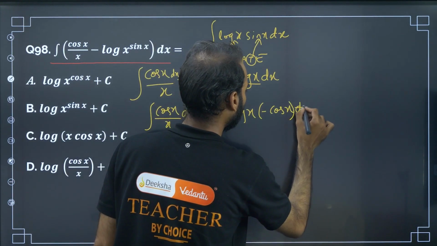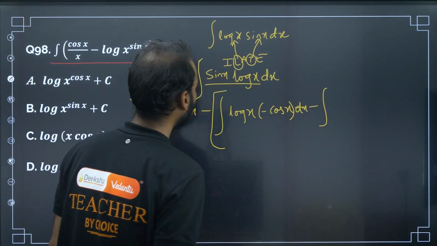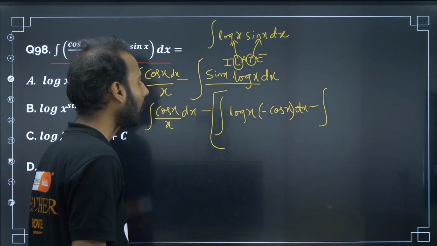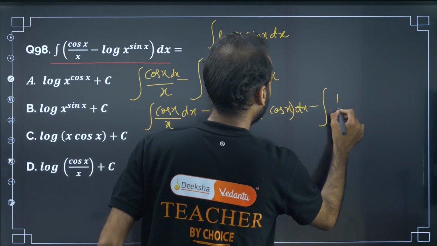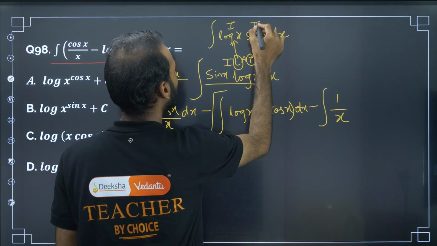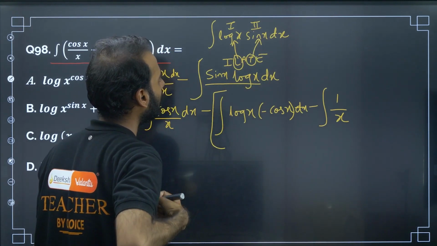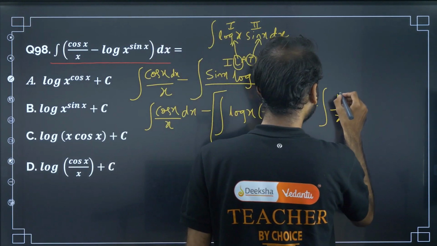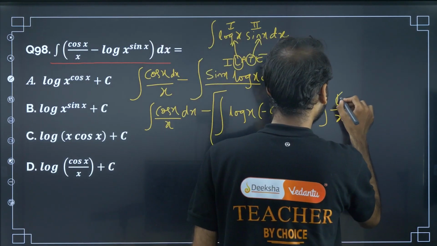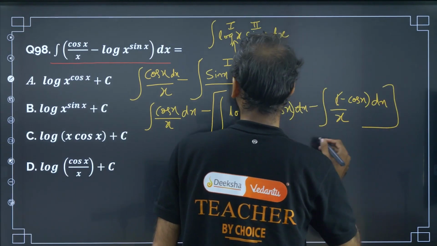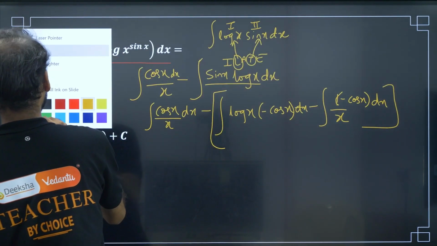Minus integration of d by dx of first function, and d by dx of log x is 1 by x. Integration of next function: this is first function, this is next function. Integration of sin x is what? Negative cos x, cos x dx. Some formulas you should be knowing, some students don't know.